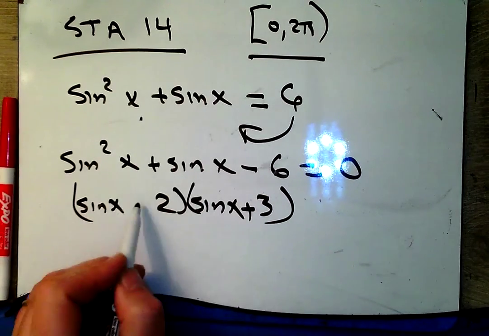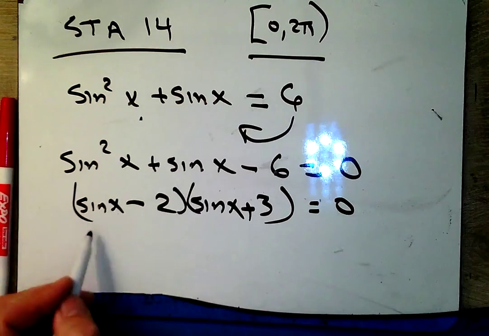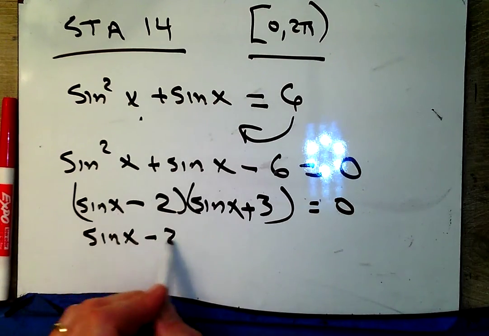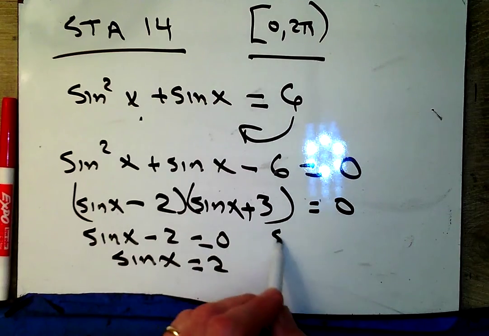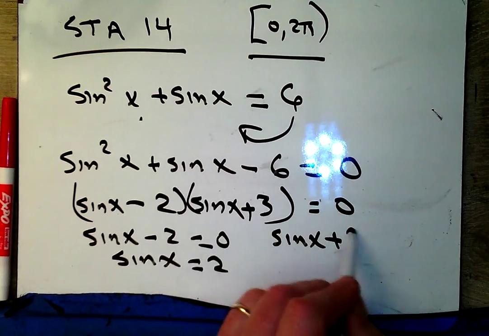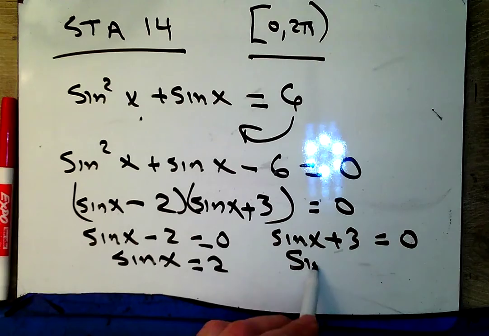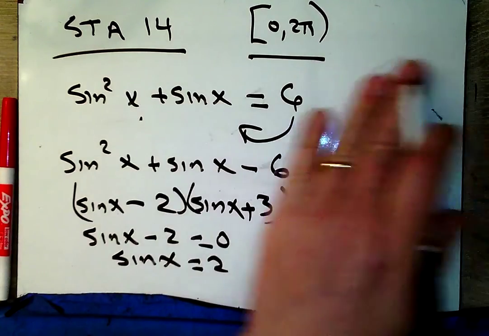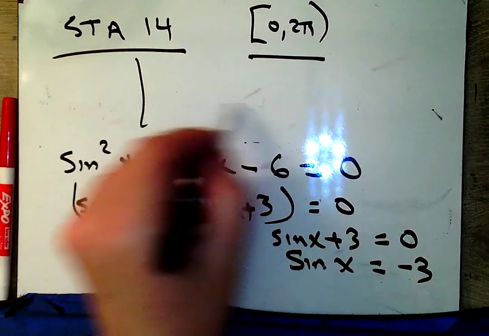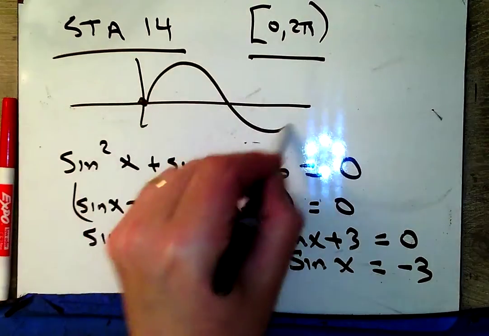That's a plus, that's a minus. And what do you notice? Well, sine x minus 2 should be 0, which means sine x should be 2. And sine x plus 3 should be 0, and so sine x should be negative 3. And then what do you say? Well, I know the graph of sine. You're not going to trick me. Graph of sine looks like this.